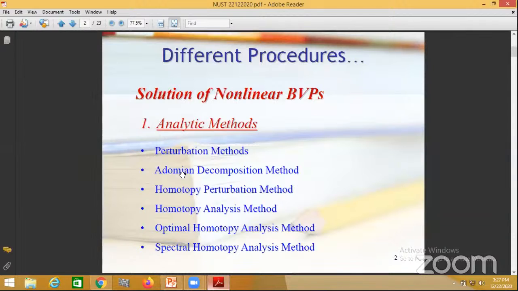However, one of the most famous methods, which was very much used in the last 2 decades by a number of authors in China and Pakistan and the rest of the countries, is the homotopy analysis method.